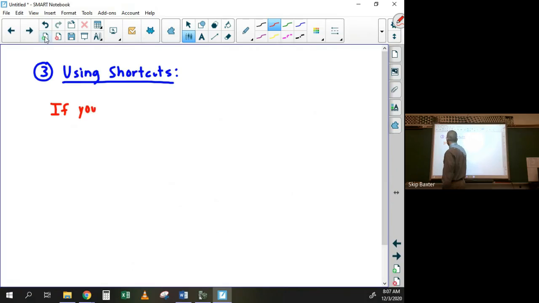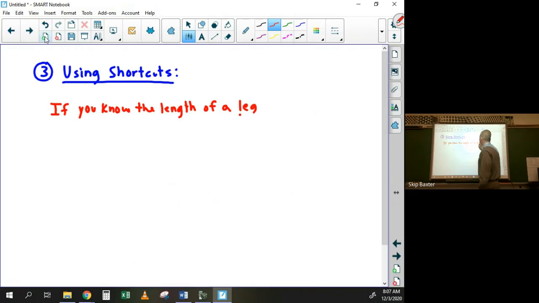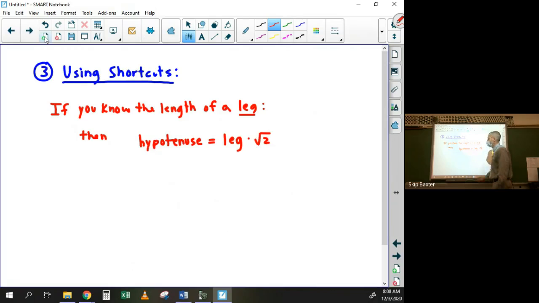If you know the length of a leg, one of the congruent legs, then the hypotenuse is equal to the leg times radical 2.